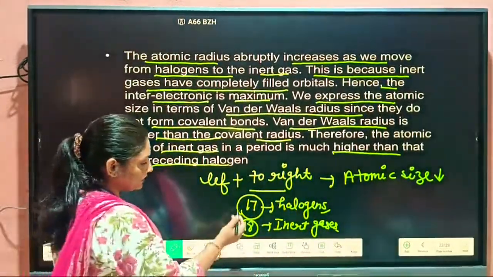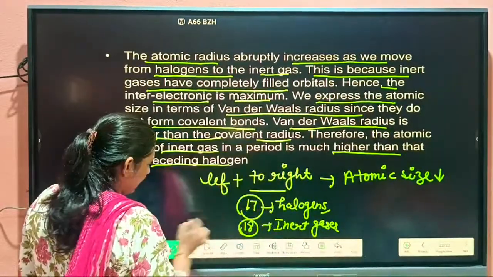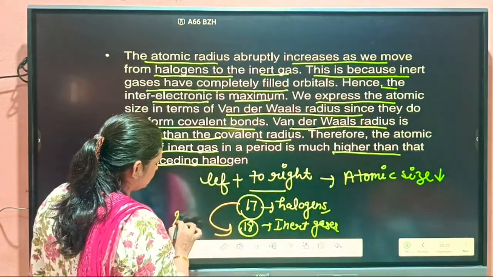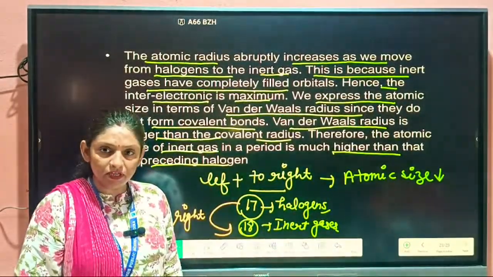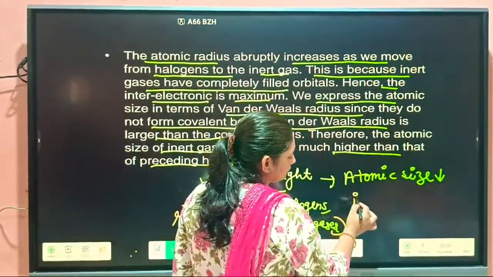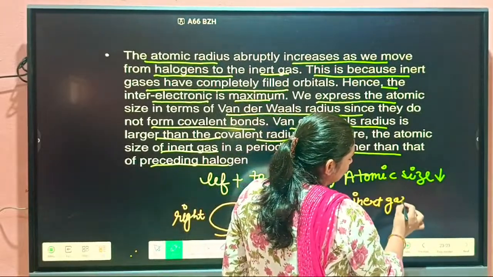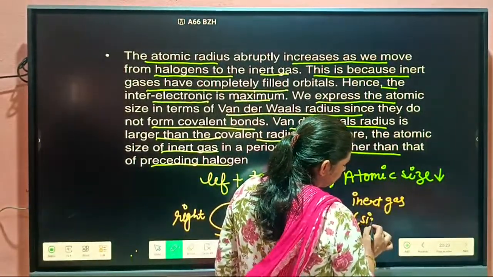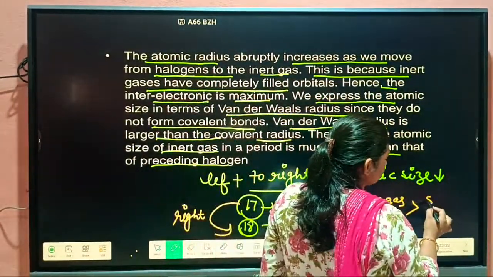They exist to the right of the halogens. After that, the size of inert gases is greater. The size of inert gases is greater than the size of the halogens.